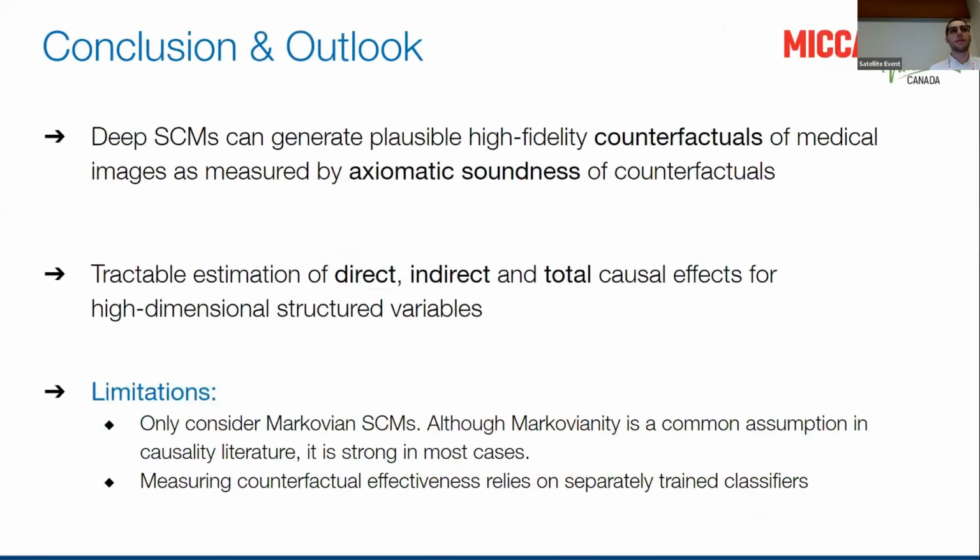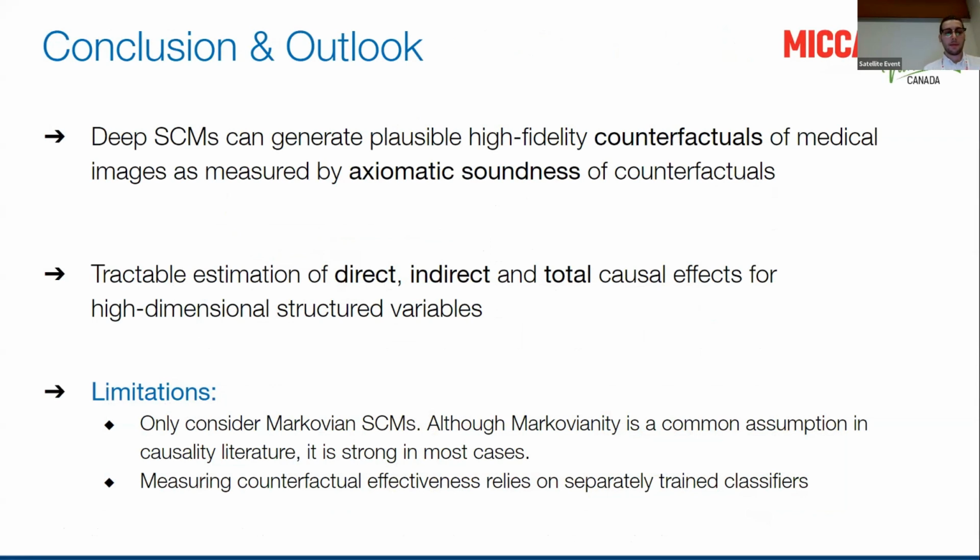Okay, so that's all I have time for. We've looked at deep structural causal models and seen that they can generate plausible high-fidelity counterfactuals. We also talked about a couple of things we can do to measure the axiomatic soundness of counterfactuals. And we've shown a model that can estimate direct, indirect, and total causal effects for these high-dimensional structured variables.